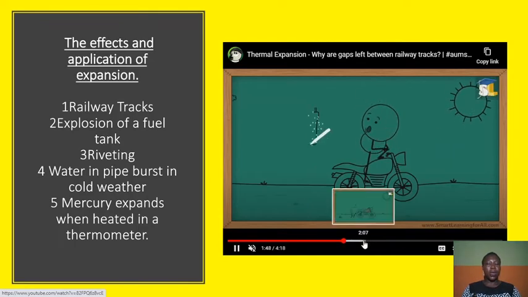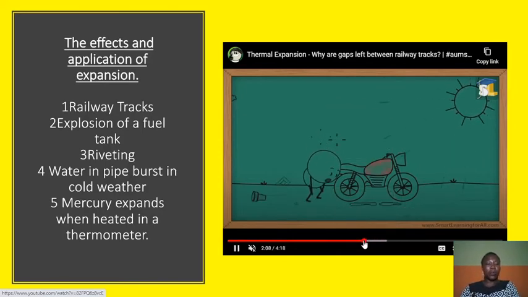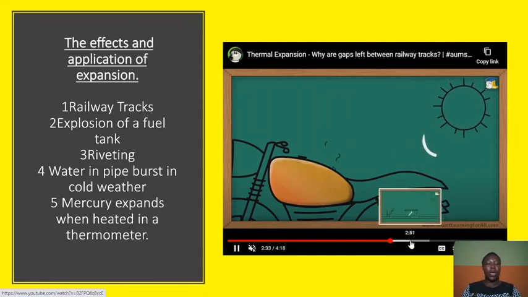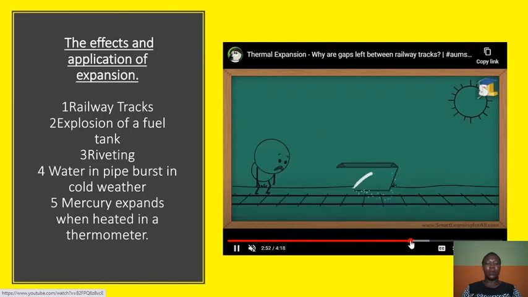Let's start with the explosion of a fuel tank. The fuel tank was filled to the brim, and due to lack of space in the tank, it opens up the cover and spilled out when the temperature from the sun is much, which results in expansion.